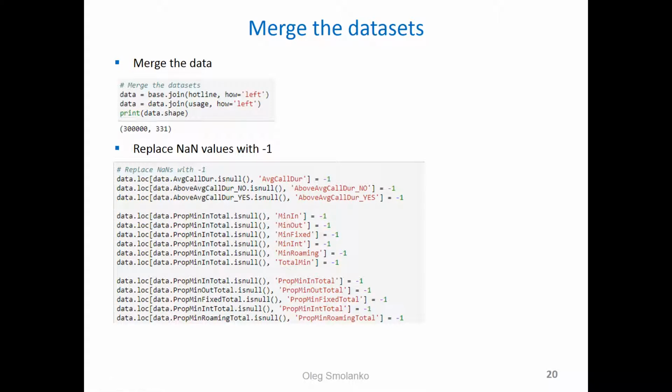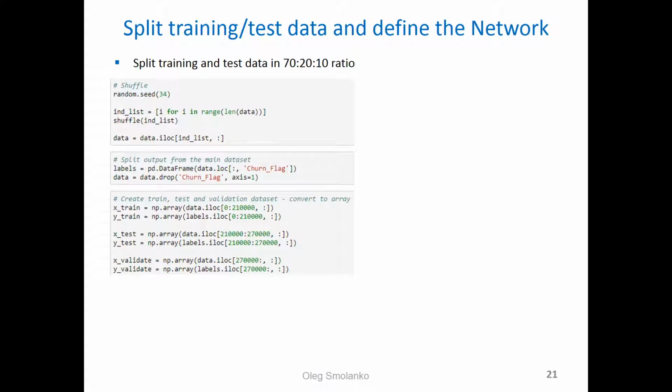To start with the analysis, I first merge the data, and I replace all the non-values with -1 in all the columns I derived in those data sets. I split the training data set in a 70-20-10 ratio, so 70% will be my training, 20% will be my validation, and 10% will be my unseen data, which I finally test my model on.